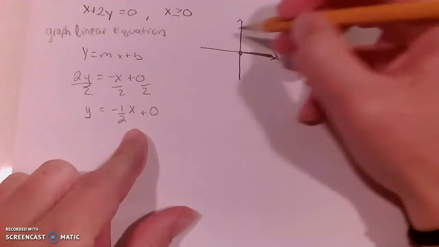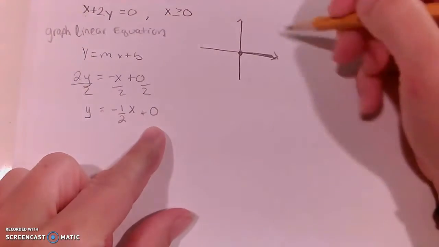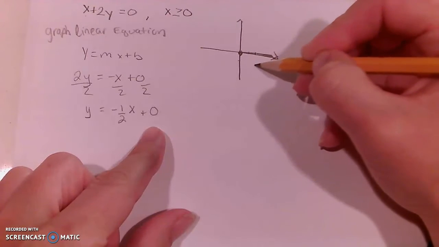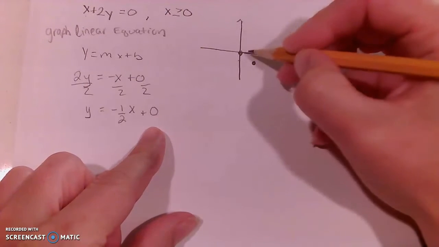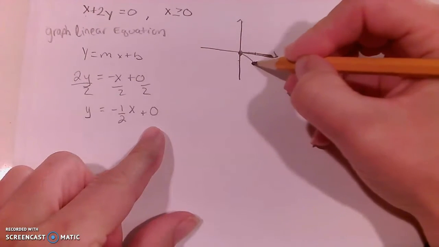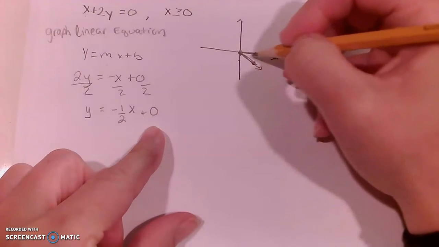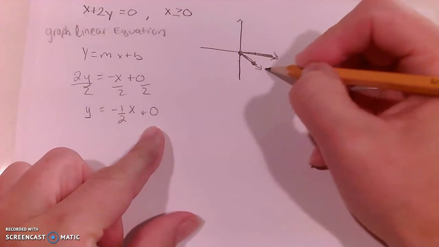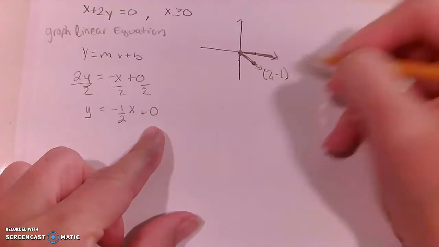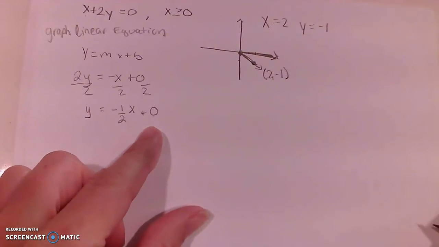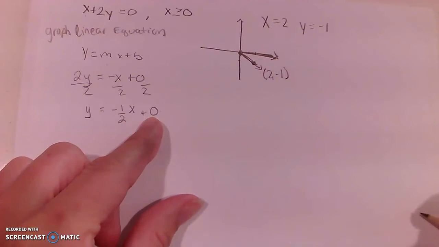Starting at 0, 0, because that's my y-intercept, I go down 1, and then to the right 1, 2. So I have a point here. Going through this point is the line that we're working with. Our x is 2, our y is negative 1. X equals 2, y equals negative 1. And then we can do our trig functions from there.